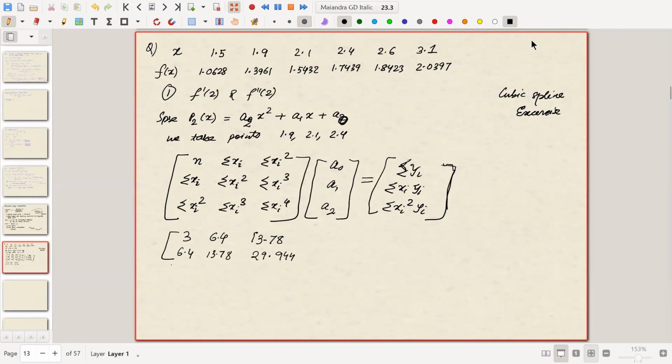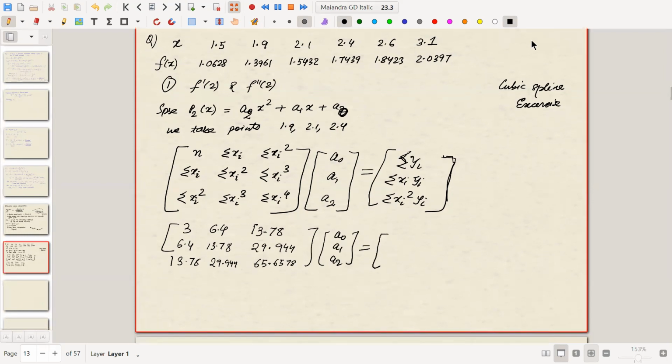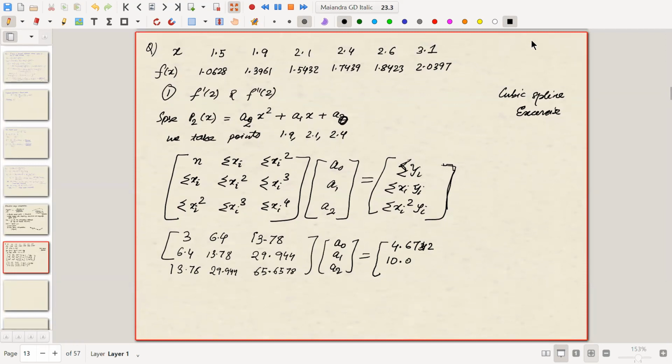Then what is the right hand side? 4.67. 42. Okay. 10.05.